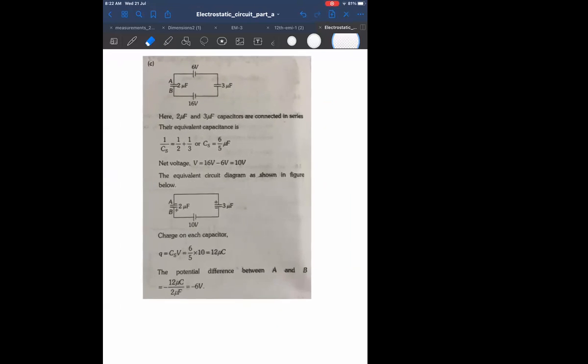Now, this is what the answer is in the module. Tell me if you have understood it. Let's look at it step by step and tell me whether you're getting the answer.